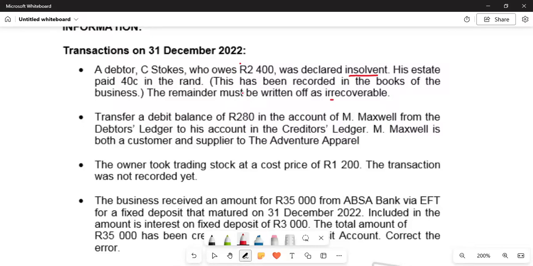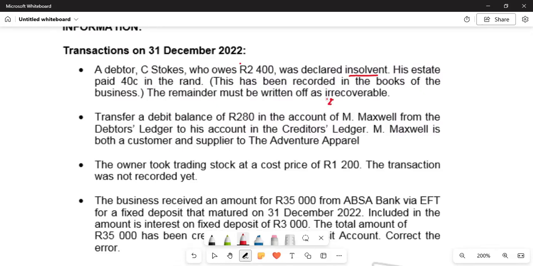So as we are told, we are to make sure that the remainder is written off as irrecoverable. So it means we are to write off the irrecoverable balance of this person. So we are going to say the amount owed is 2,400.